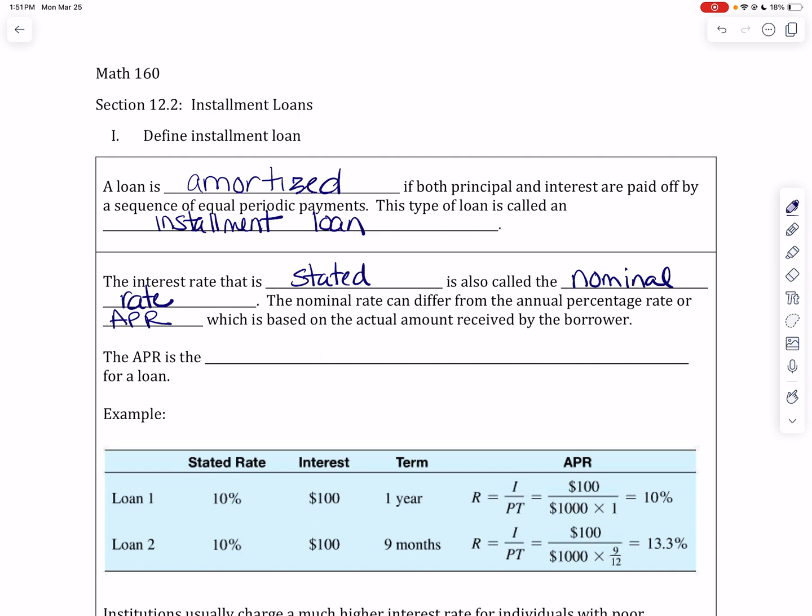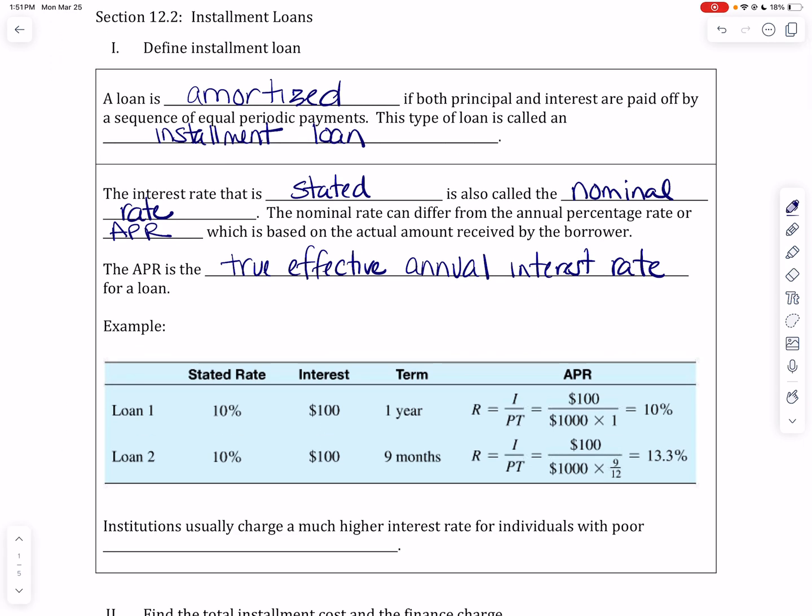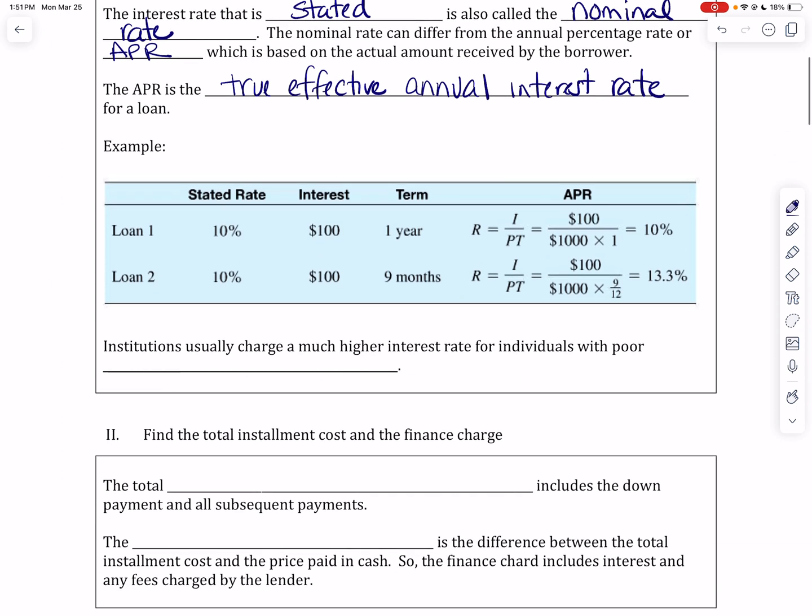So the APR is the true effective annual interest rate. And we'll see some slight variations depending on how much we actually receive when we're borrowing money, okay?